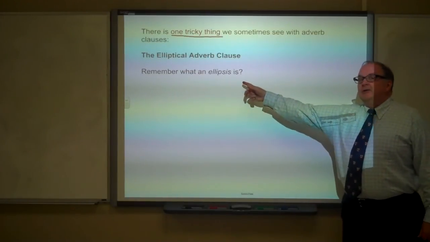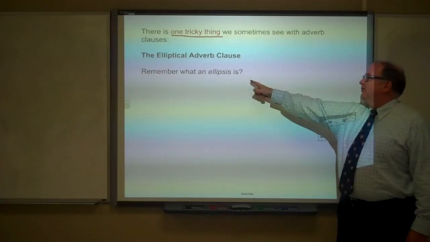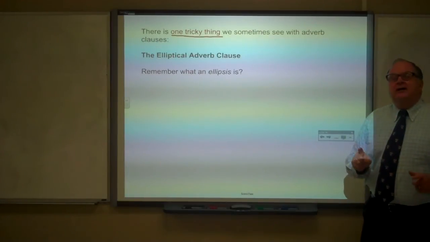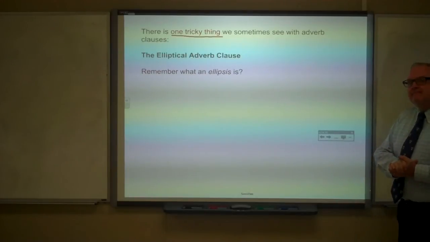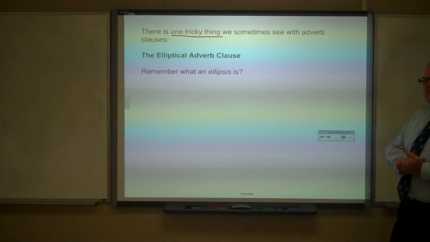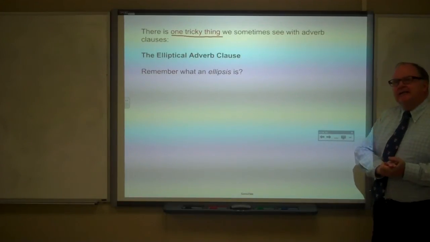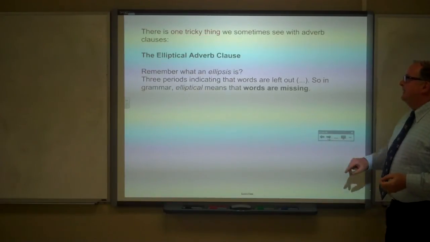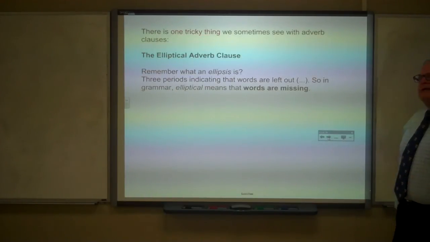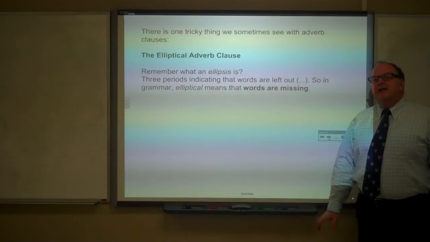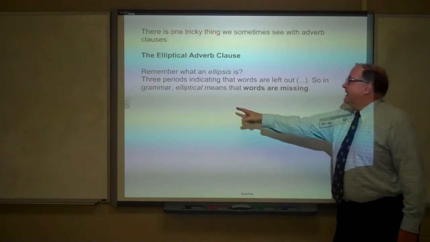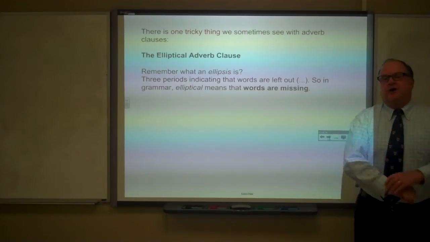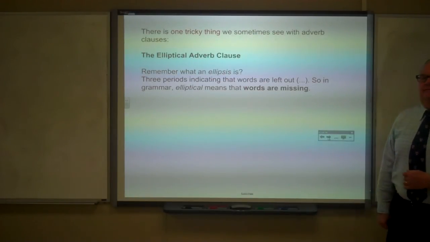But elliptical, when we talk in grammar, comes from ellipsis. Do you know what an ellipsis is? Give you 20 seconds or so to think about that. An ellipsis is 3 periods indicating that words have been left out. So in grammar, elliptical means words are missing.